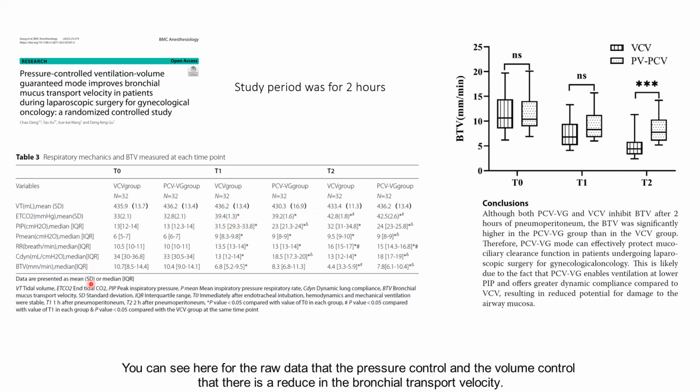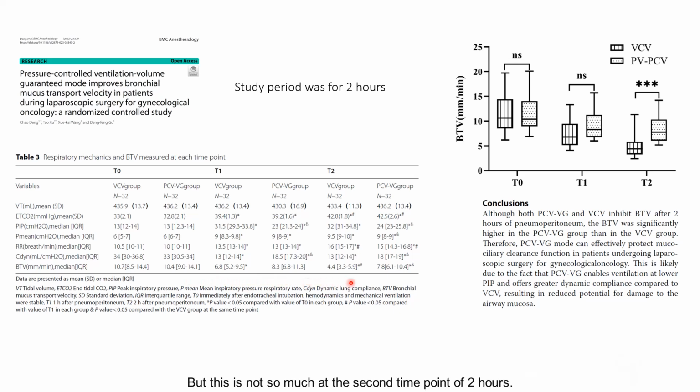You can see here for the raw data that for the pressure control and the volume control there is a reduction in the bronchial transport velocity, but this is not so much at the second time point of 2 hours.